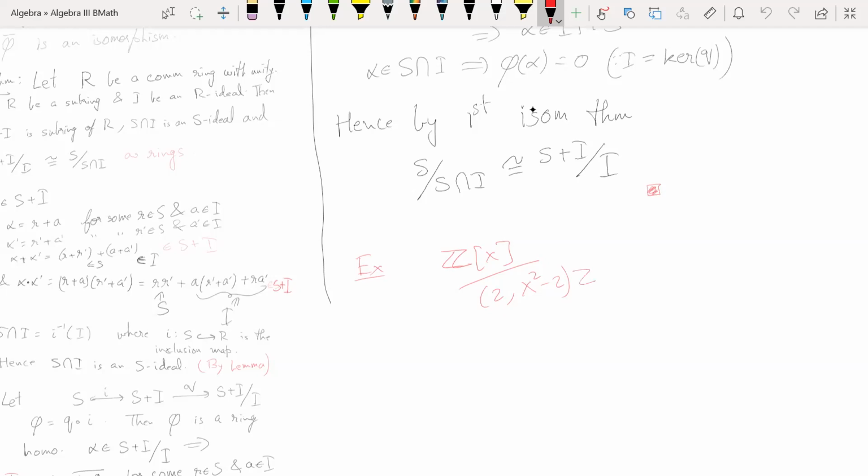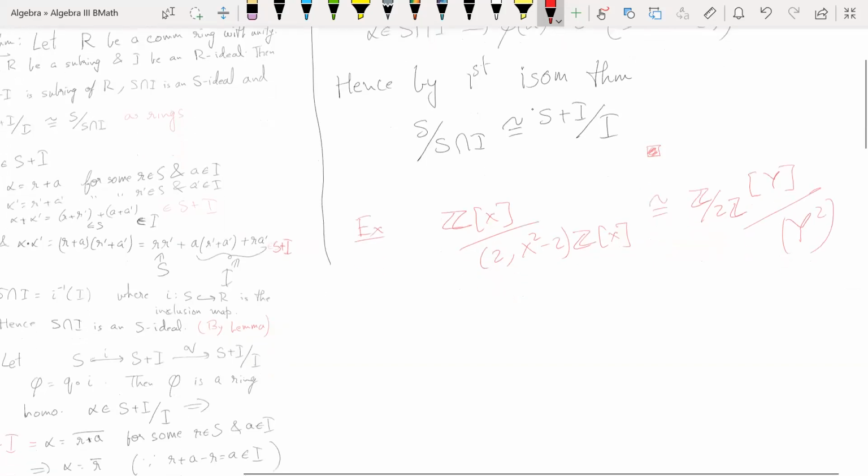We'll soon abbreviate this. So the statement I made is that this is isomorphic to Z mod 2Z adjoin x. Sorry, maybe the statement I made was that this is isomorphic to Y mod Y square.